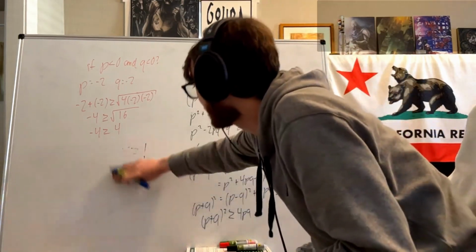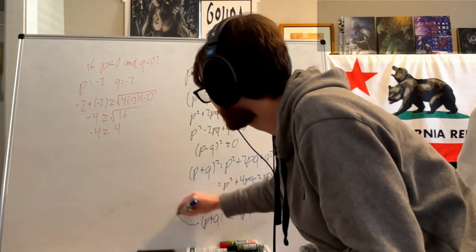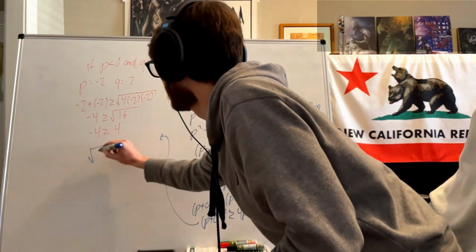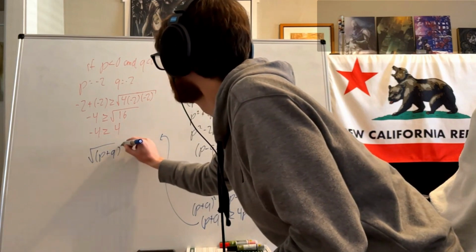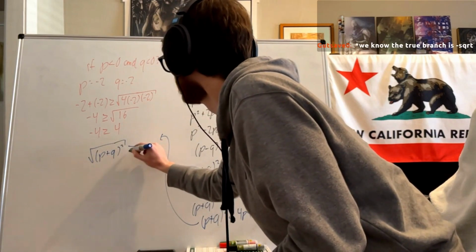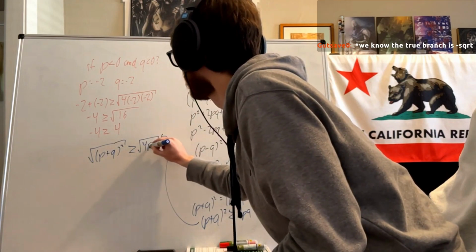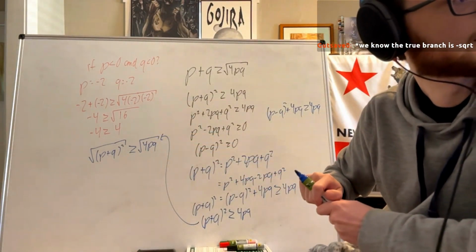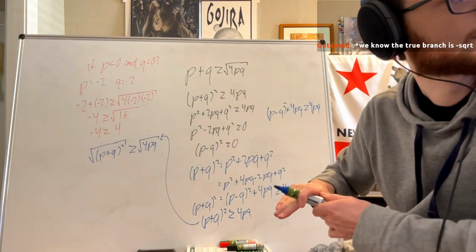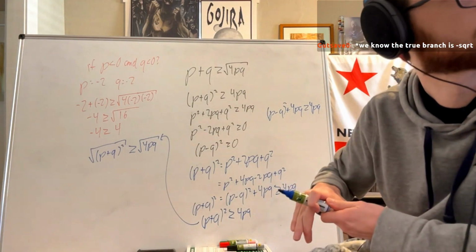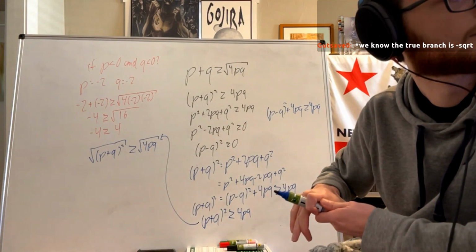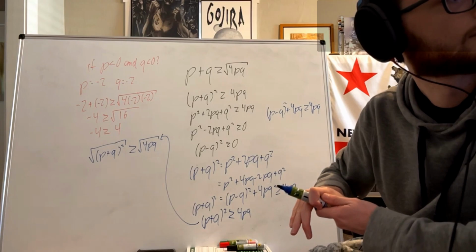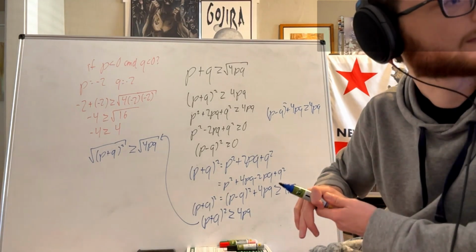But from this stage, what we want to do is take the square root of each side. But we need to show that we don't need to flip the inequality. And this is where you need to use the fact that they're both positive numbers.